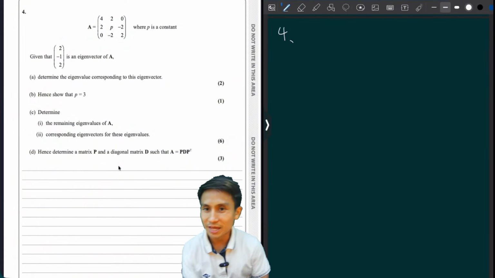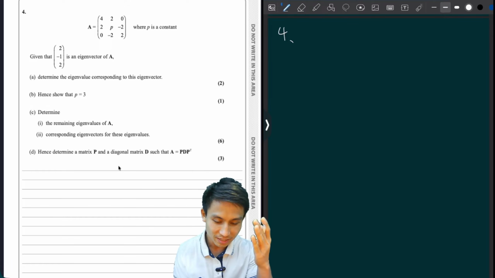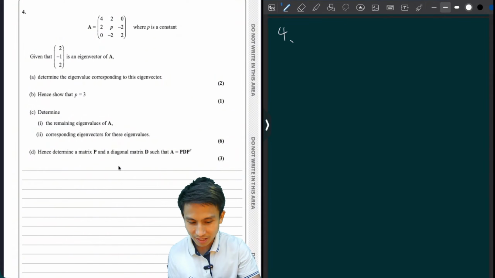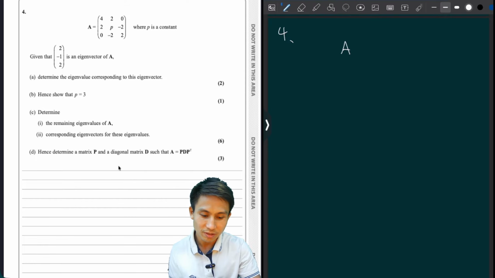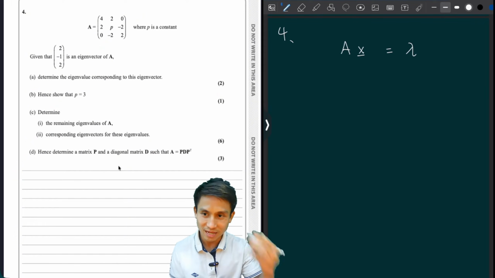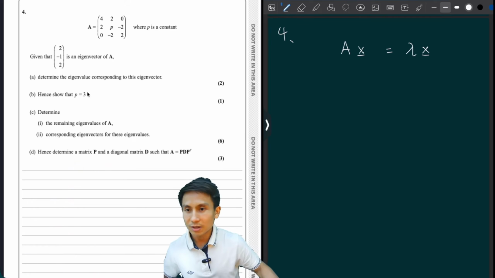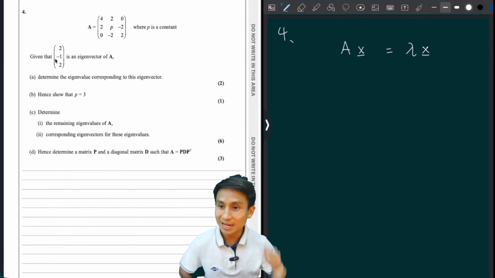We have a matrix A here with a P unknown there. Given that the vector 2, minus 1, 2 is an eigenvector of A, determine the eigenvalue corresponding to this eigenvector. All right. So we know for the eigenvalue, eigenvector relation that when you multiply A with the eigenvector, it's going to be equal to lambda, which is the eigenvalue here, times the same vector.